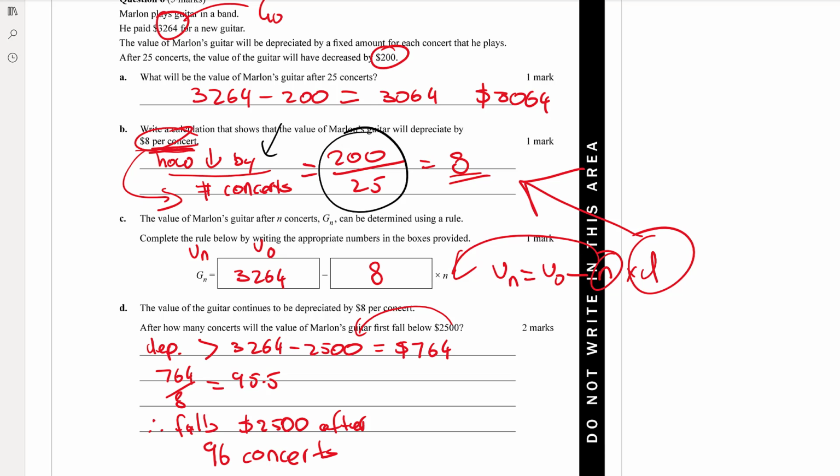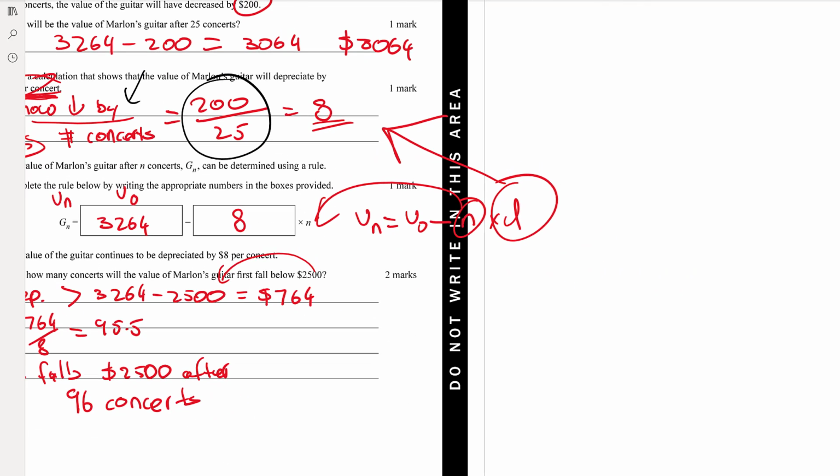Now, another alternative you can use on your calculator is the solve function. But here's the deal. It's using this equation. So let's write that out again, in a different color so you can see: Vn equals V0 minus n times d.